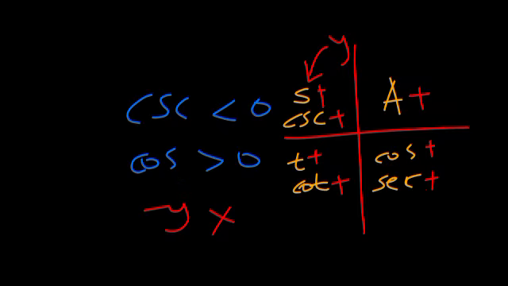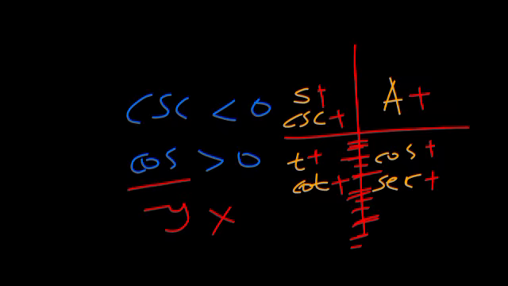It's very simple. Sine, or rather y, is negative on this side, the down part here. So cosec theta is negative in this region. Now, what of cos theta? Cos theta is positive.